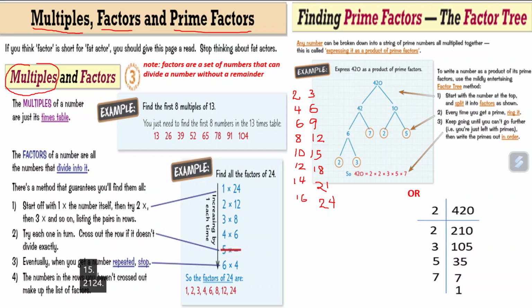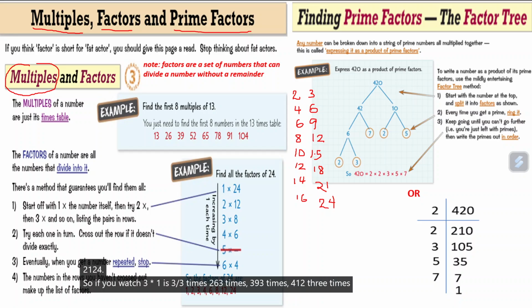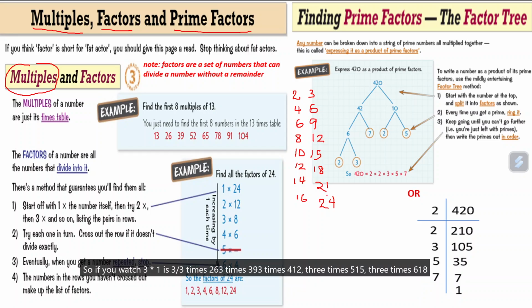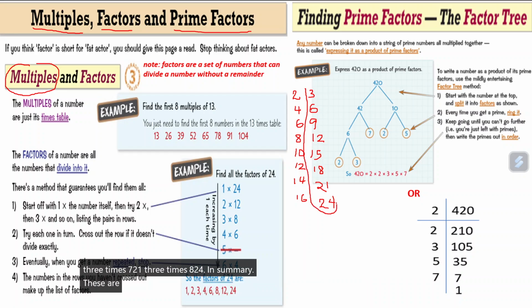If you watch, 3 times 1 is 3, 3 times 2 is 6, 3 times 3 is 9, 3 times 4 is 12, 3 times 5 is 15, 3 times 6 is 18, 3 times 7 is 21, 3 times 8 is 24. In summary, these are all the multiples of 3.